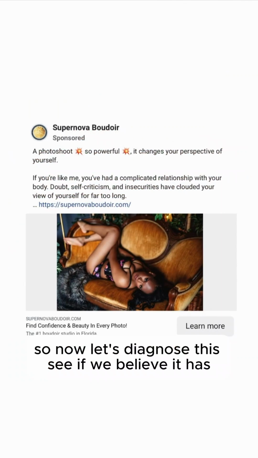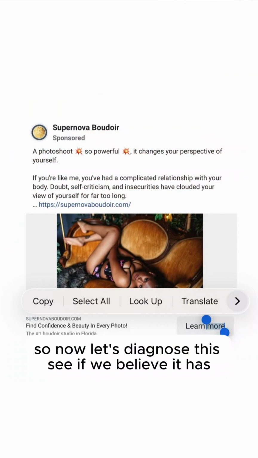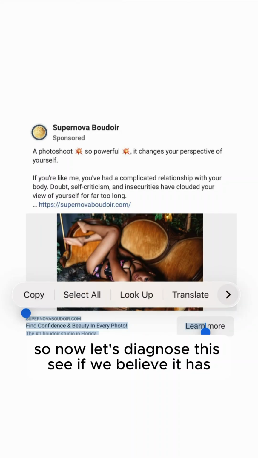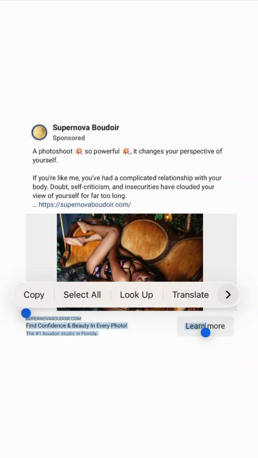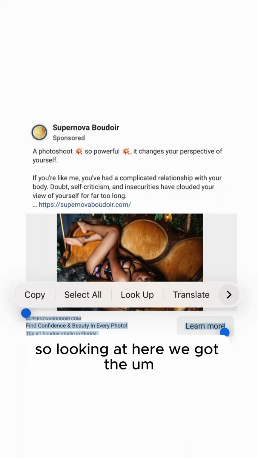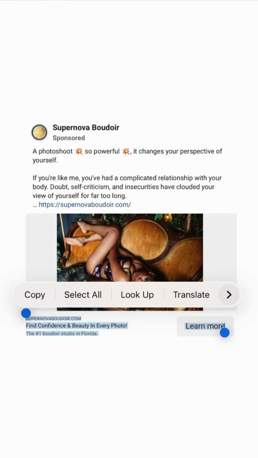So now let's diagnose this. See if we believe it has BLCS, aka Boudoir low click syndrome. Looking at here, we got the below creative cluster mistake.